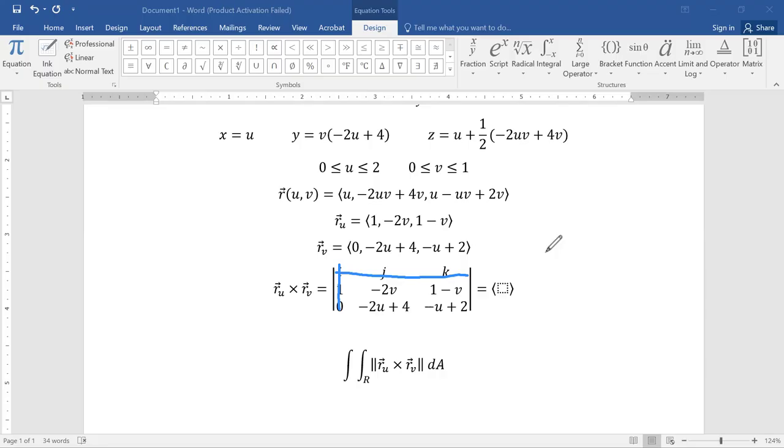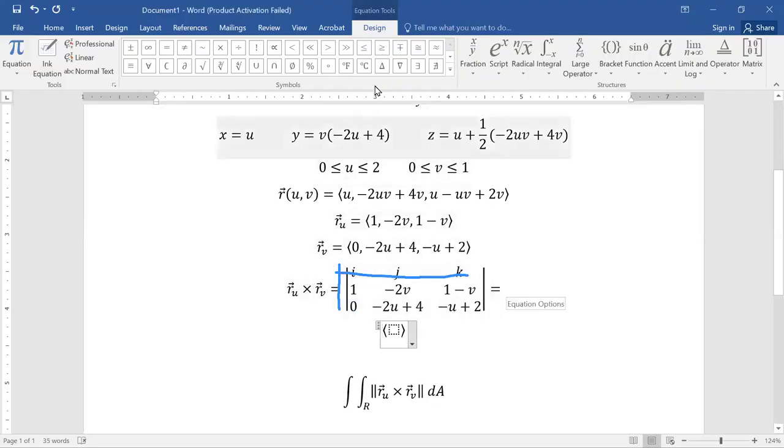So what that gives me is negative 2v times negative u. That is 2uv. Negative 2v times 2 is minus 4v.